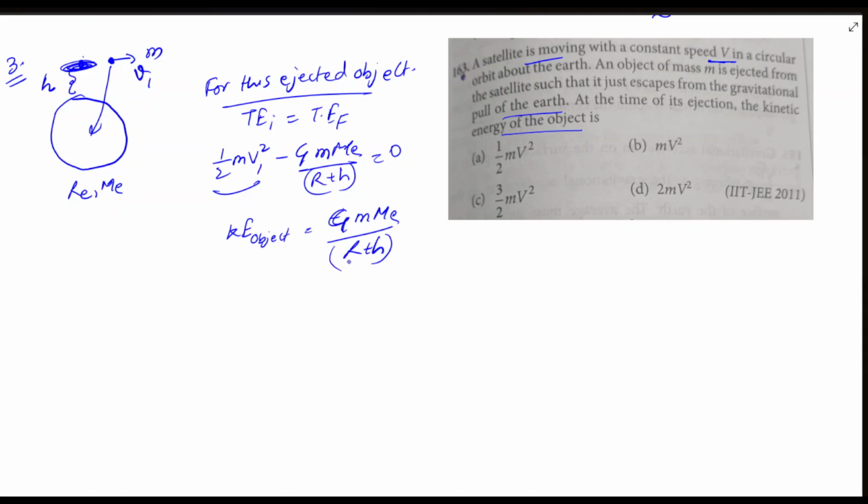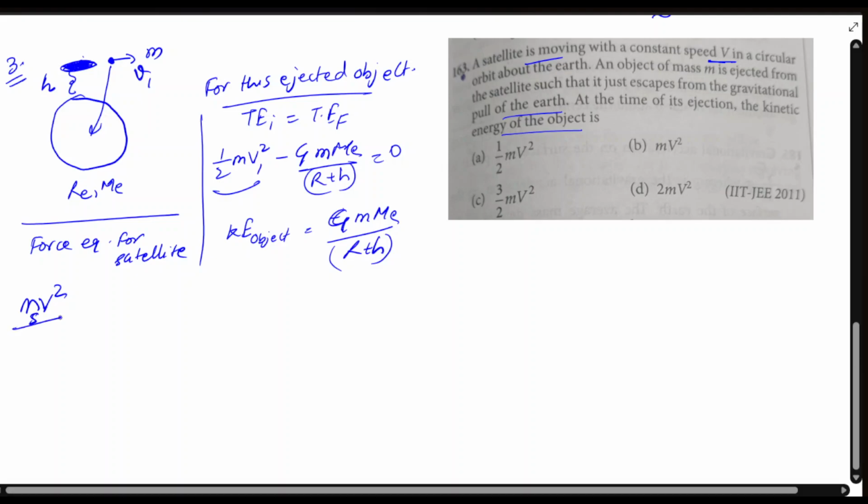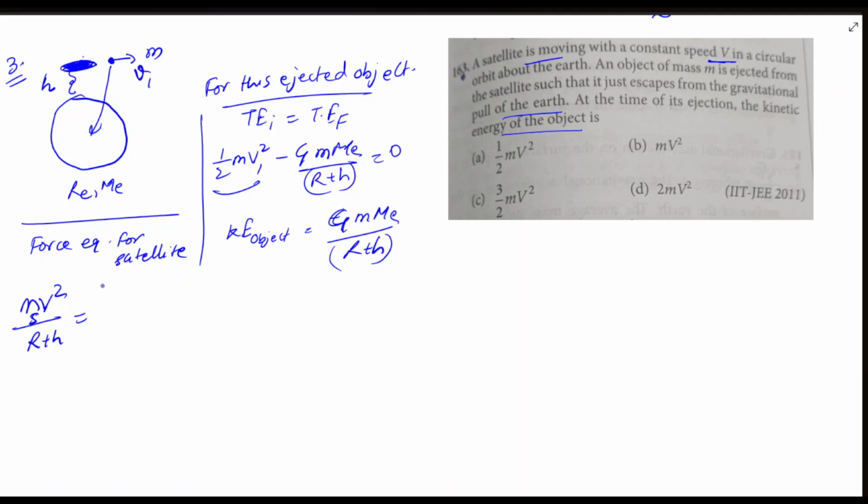Now we need GM_e upon R plus h. Now look, this satellite is revolving around the Earth in this orbit. So we can write the force equation for the satellite. So we have m, the satellite is moving with v square upon R plus h, right? It will be equal to the gravitational force between them.